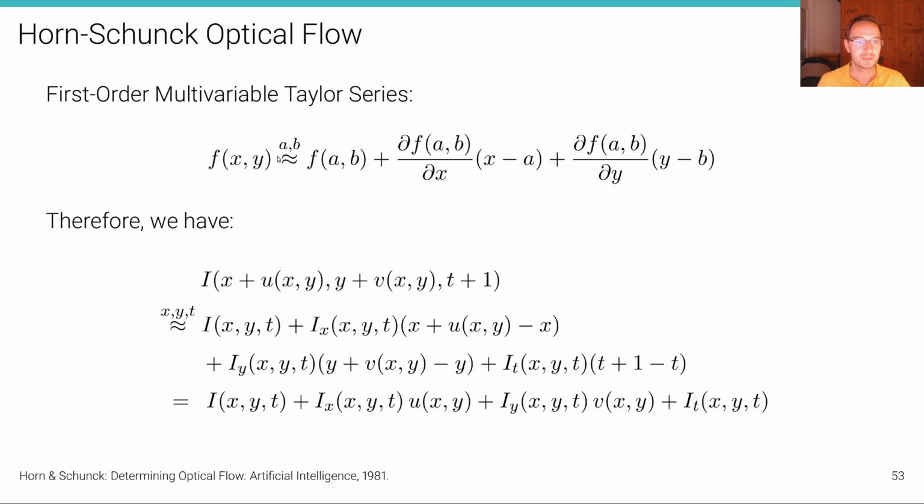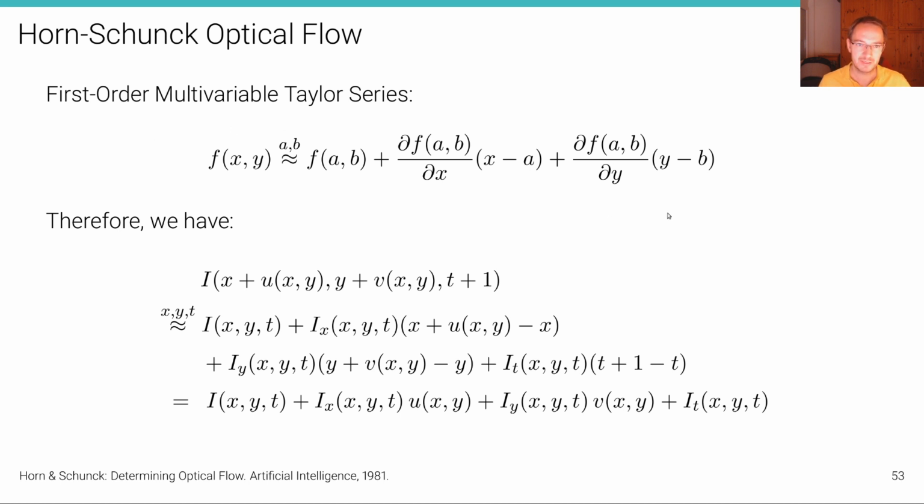And so we are representing that function, linearizing it around the coordinates a, b. So we evaluate f at a, b, and then we add the derivative with respect to x times x minus a plus the derivative with respect to y times y minus b.